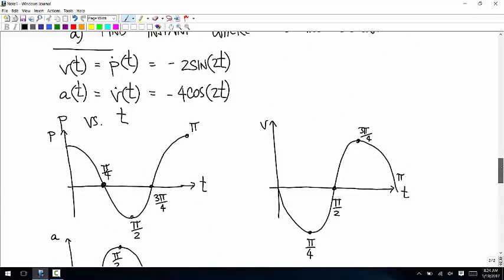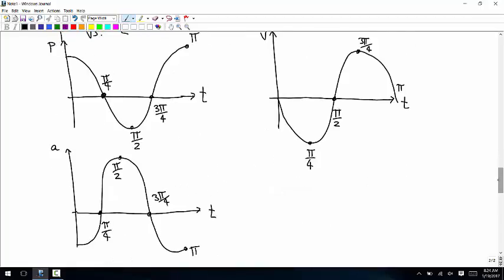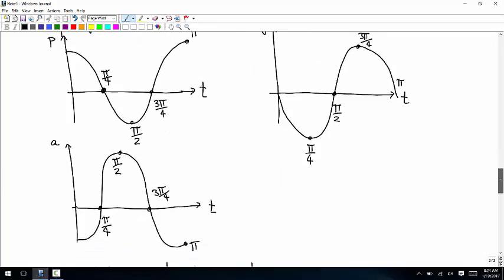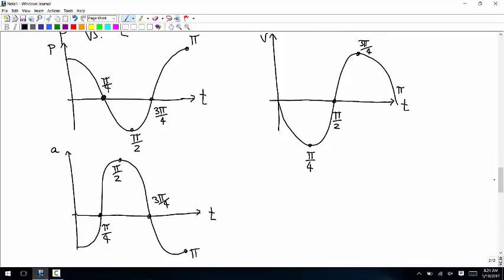And then as far as when it's going to speed up, no, I think I said slow down, didn't I? Where's it slowing down? So we're looking for any place where the velocity and the acceleration have opposite signs. Okay, so we have what, 1, 2, 3, 4 intervals. Let's just look at each one of those 4 intervals and see what's going on.